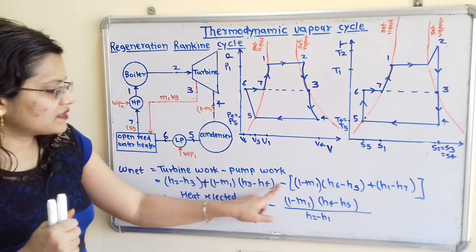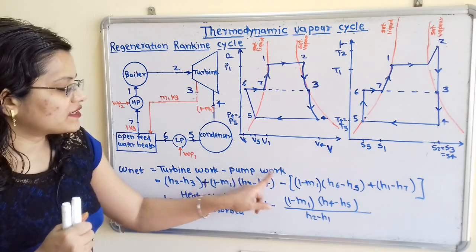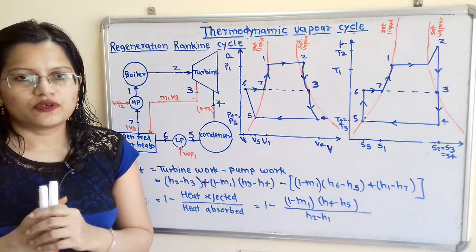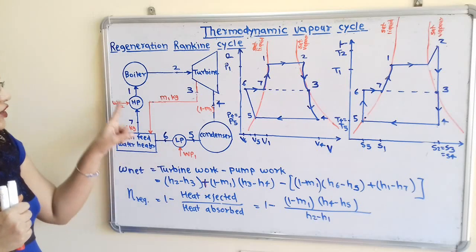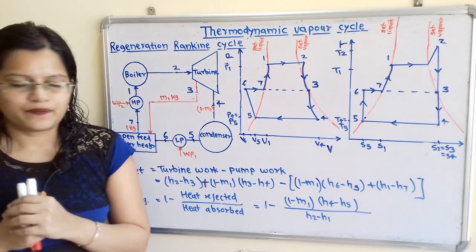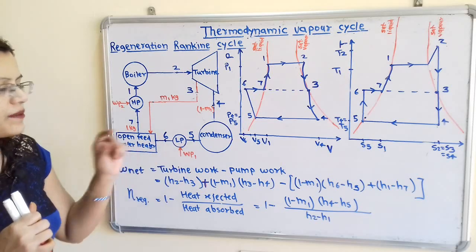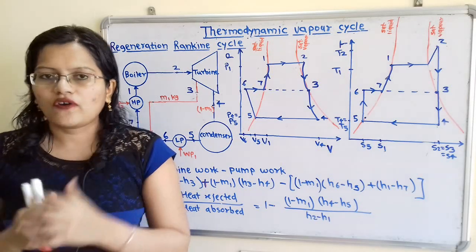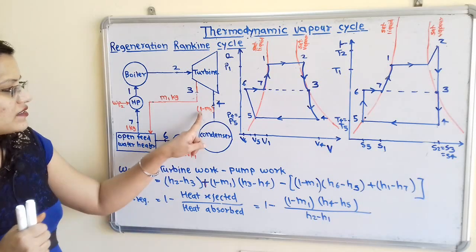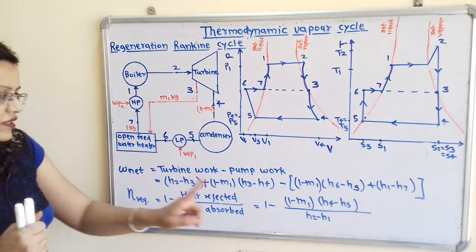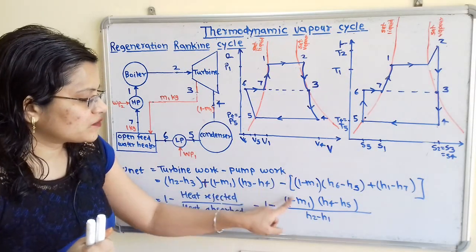Now we will take a minus sign, and inside the bracket we will take the pump work. So there are two types of pump, low pressure and high pressure pump. For the low pressure pump, we have to take the change in enthalpy multiplied by the amount of working substance, which is 1 minus m1 kilogram. So here we will take this square bracket.